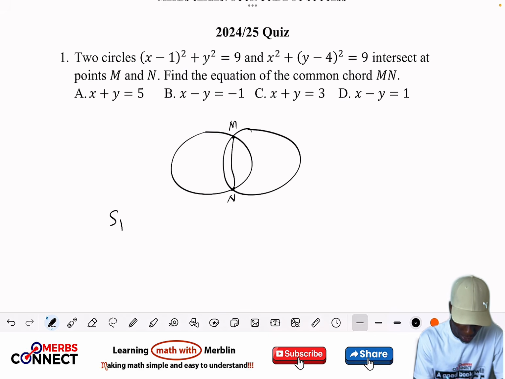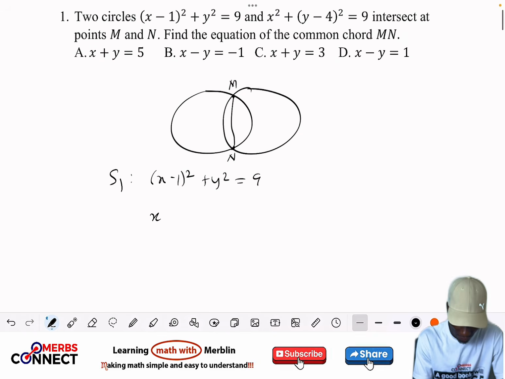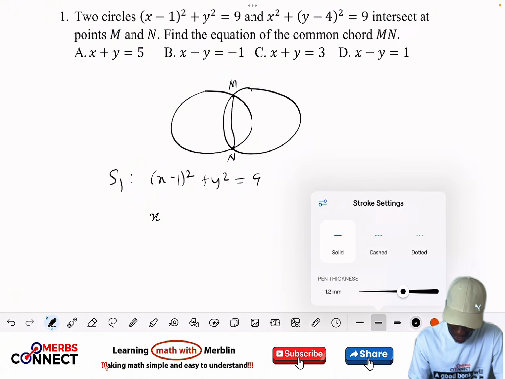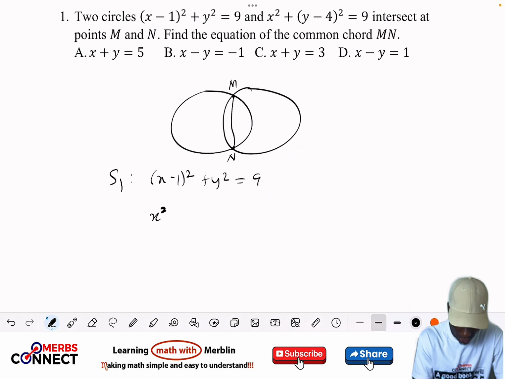Let me call this one s1, right? So I'm going to have x minus 1 squared plus y squared is equal to 9. Expand this one, let me increase it a little. Okay, so x squared minus 2x plus 1, plus y squared is equal to 9.